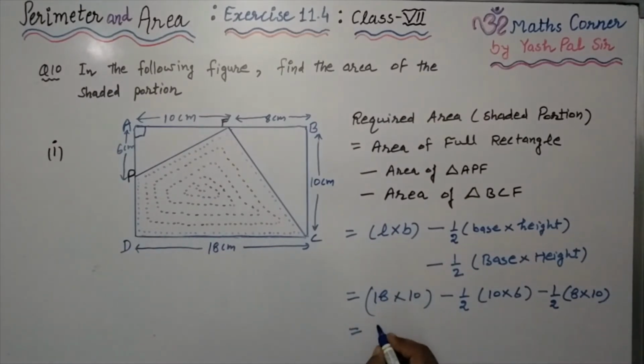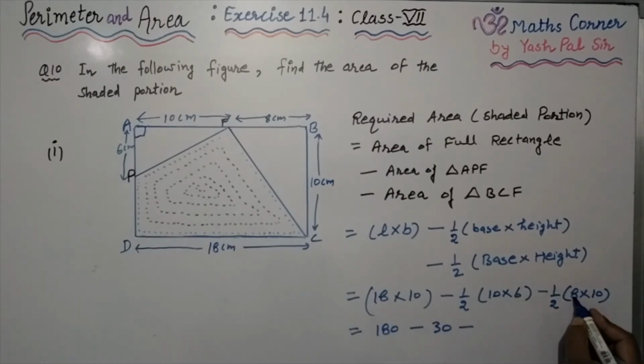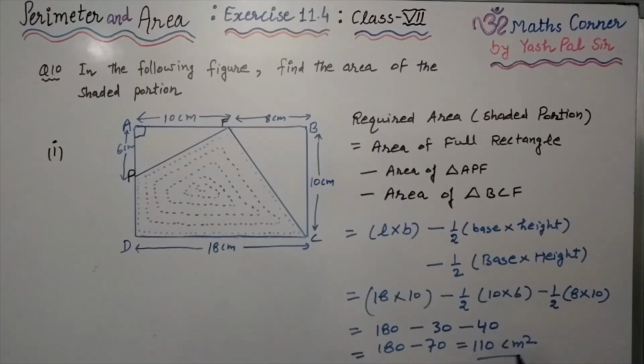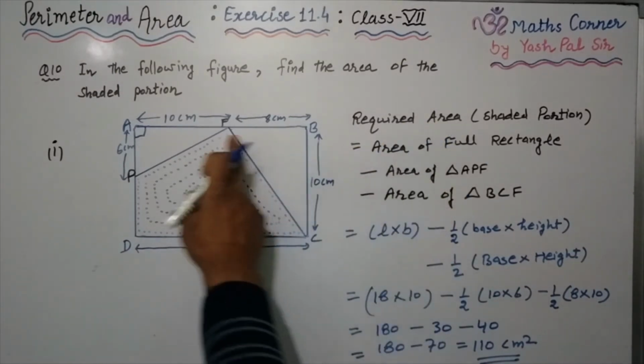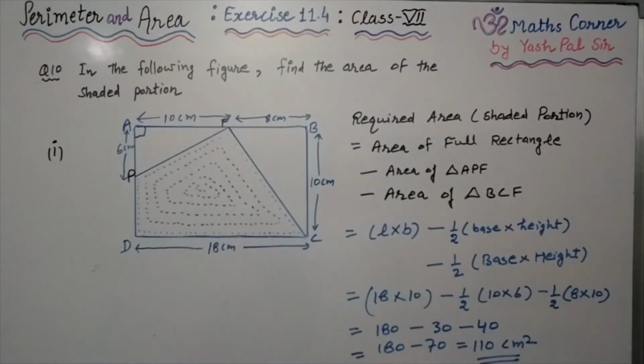Again, 18 into 10 is 180, minus 10 into 6 is 60, divided by 2 is 30, minus 8 into 10 is 80, divided by 2 is 40. So this is equal to 180 minus 70, which is equal to 110 centimeter square. This is the required area of the shaded portion.